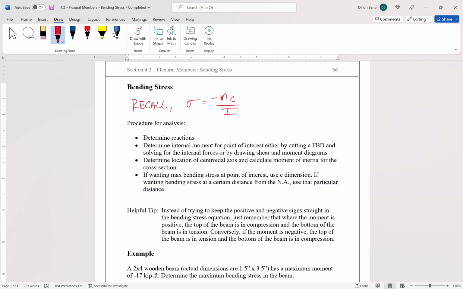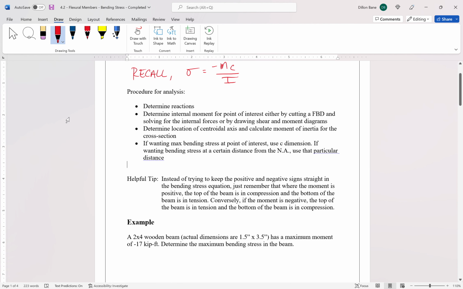So calculating bending stress is really no more than doing three different statics things and then putting it together in one equation. There's really no mechanics of materials in calculating bending stress, because everything stems from our statics knowledge. MC over I, we find all of this just from the stuff that we've done in statics.